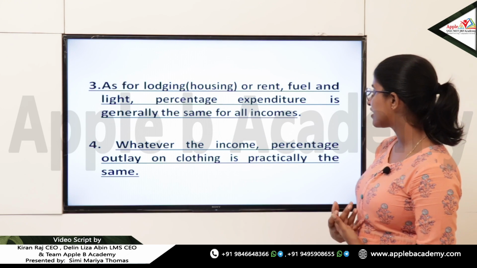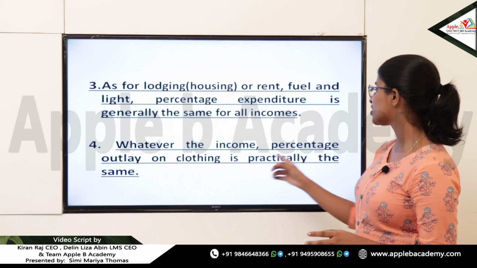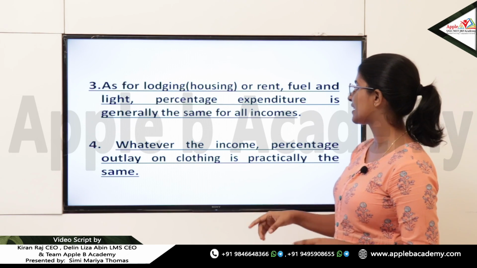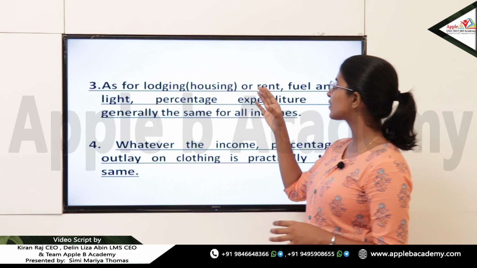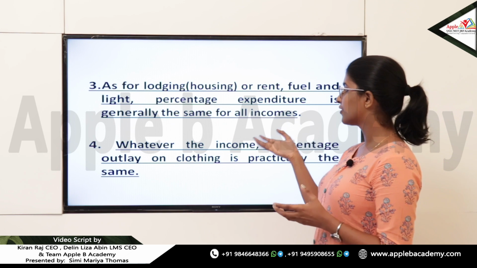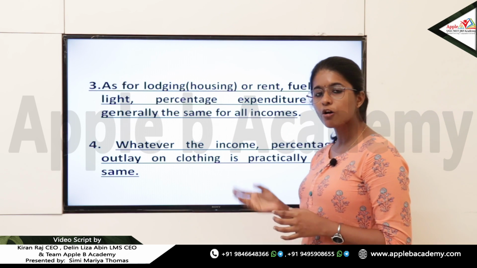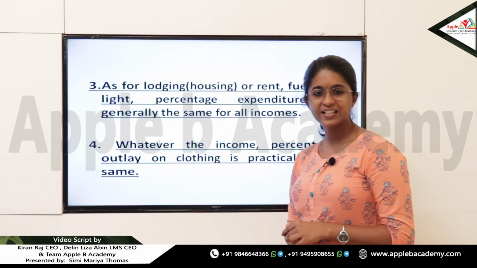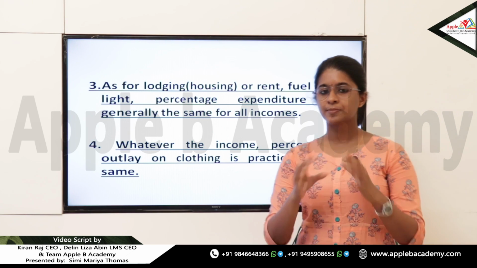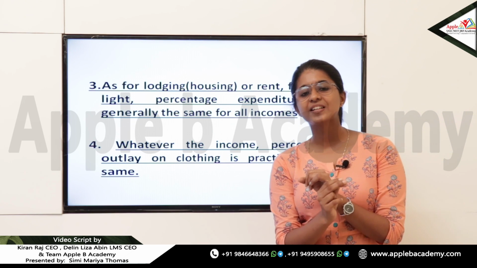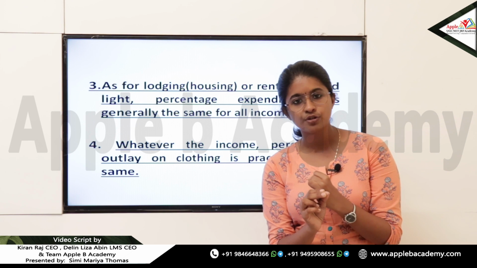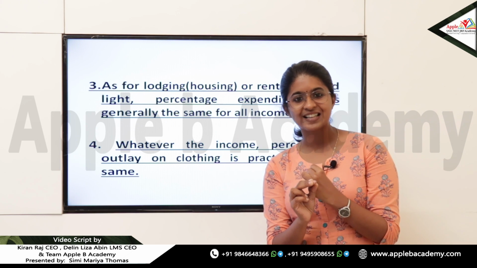And the last conclusion is that, whatever the income, the percentage outlay on clothing is practically the same. So other than housing, rent, light and fuel, the expenditure on clothing also remains the same as per Engel's law. The general conclusion is: when income increases, the expenditure on food or the necessaries of life decreases.